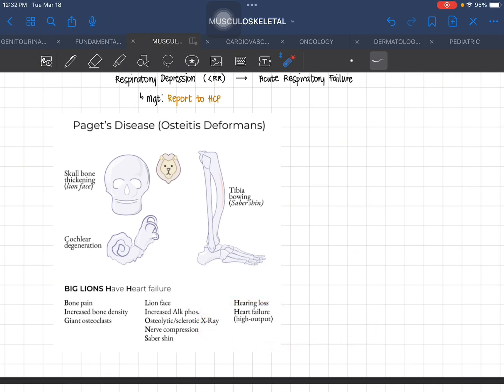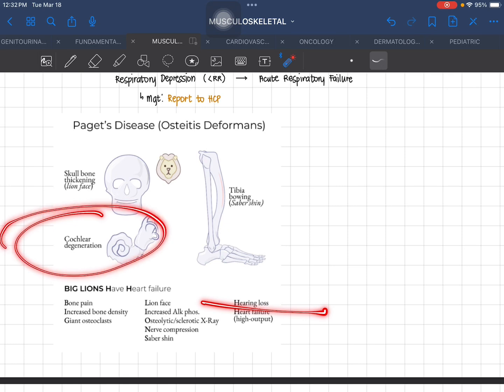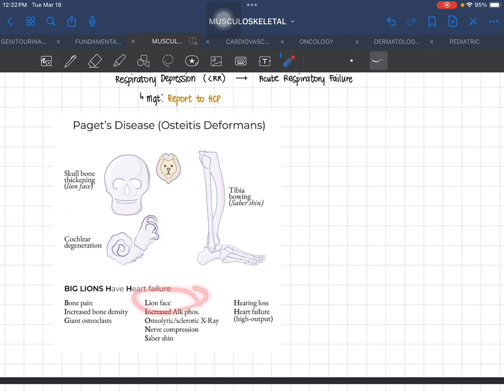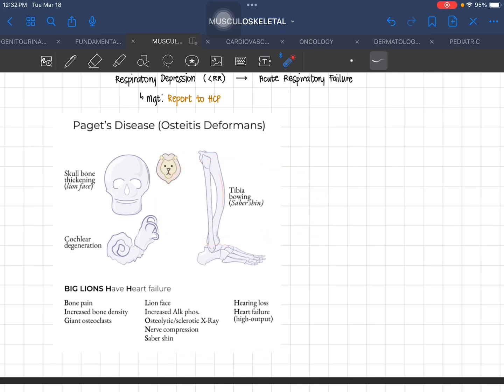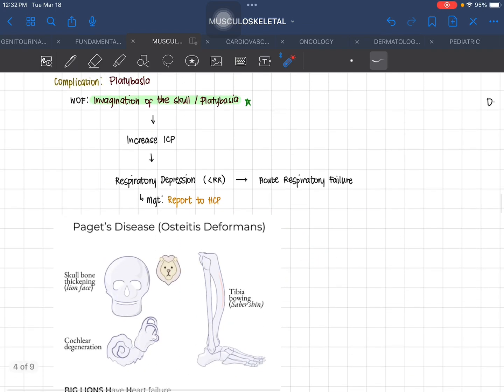They also develop heart failure because of increased output. Hearing loss due to cochlear degeneration, lion face, increased alk phos, osteolytic or sclerotic on x-ray, nerve compression, saber-shin or tibia bowing. Big lions have heart failure.